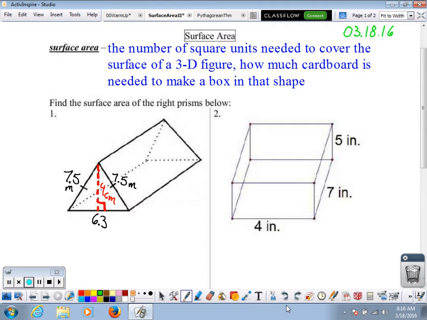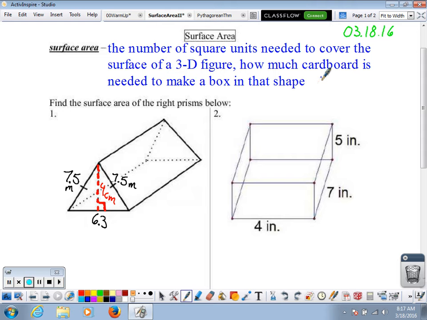So, we have a formula that we can use to find the surface area of any 3D solid. Okay, who can find that formula in your notes for me, please? You can find that. Dylan? That's volume.